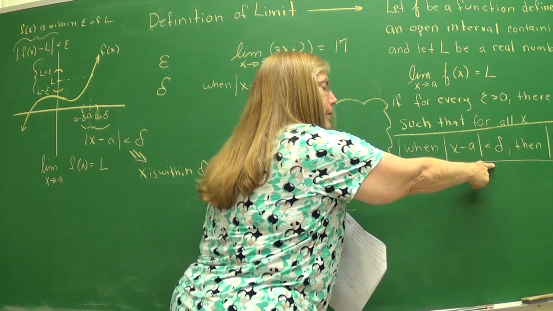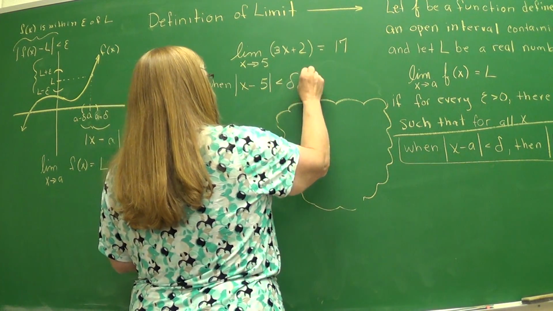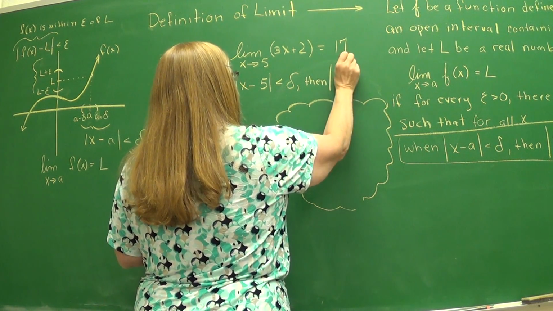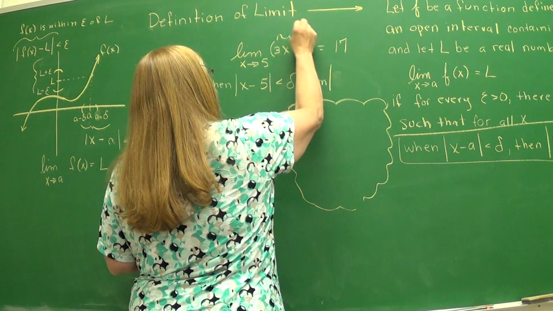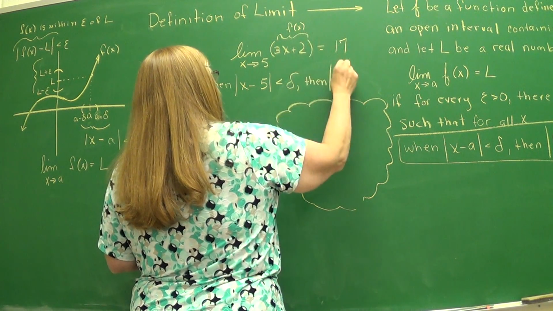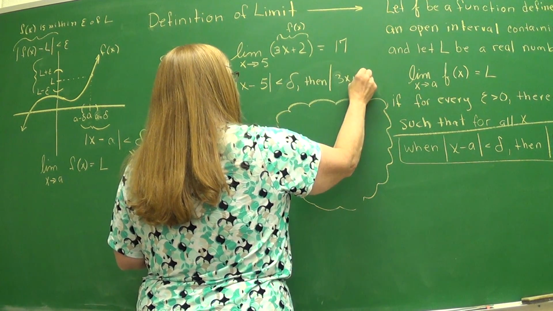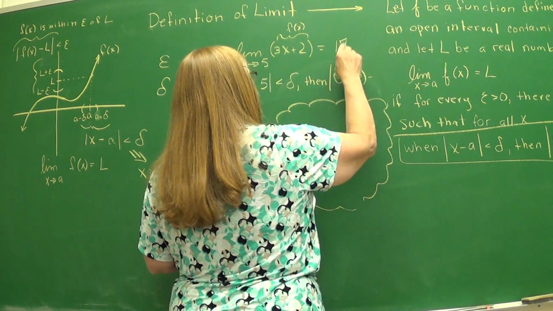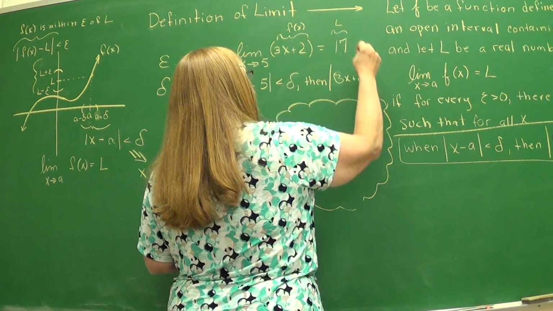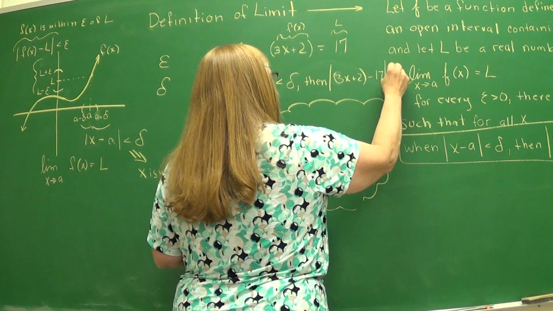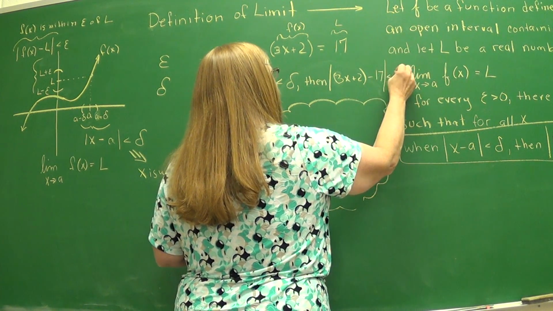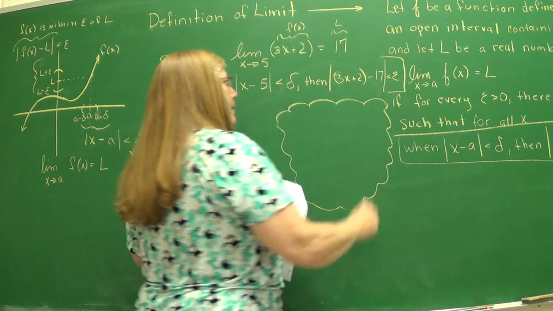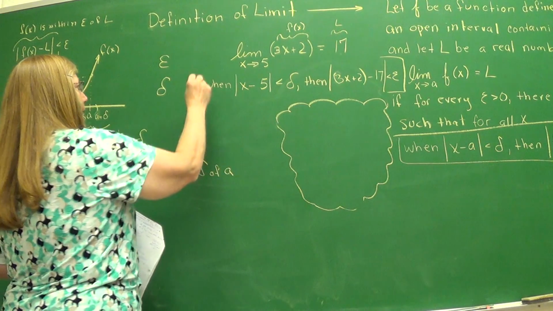Then the function f of x, which is 3x plus 2, minus L, which we decided is 17, must be less than epsilon. All right. That's what I have to work with.